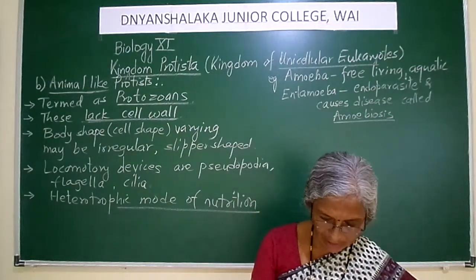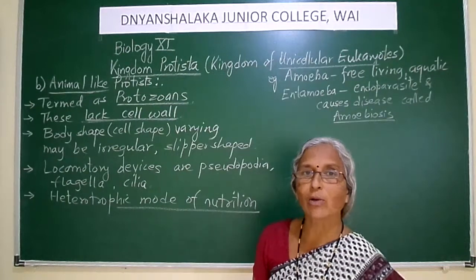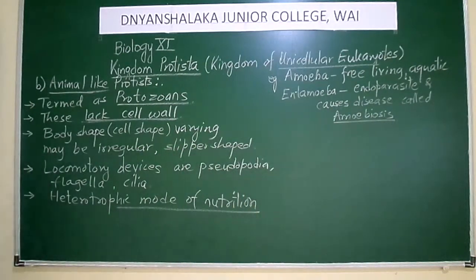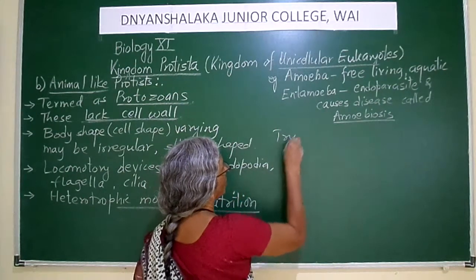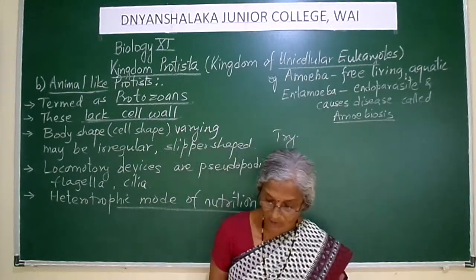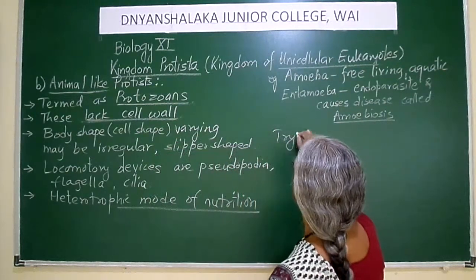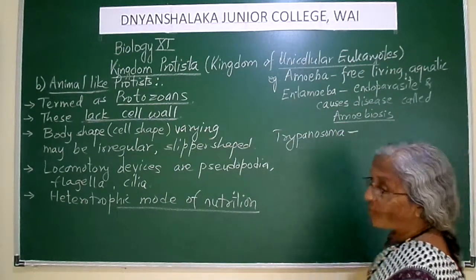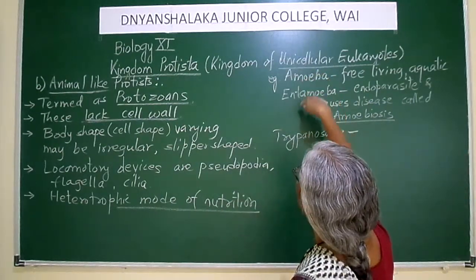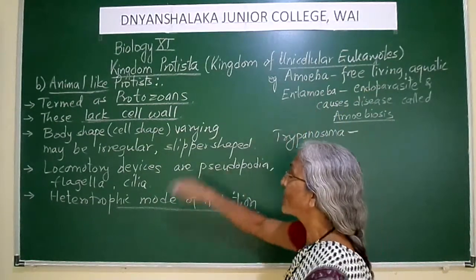Then there is another protozoan which is called trypanosoma. Now this trypanosoma is a protozoan. In fact, both the amoeba and entamoeba have their locomotory organ as pseudopodia.